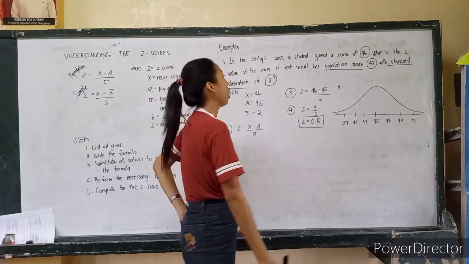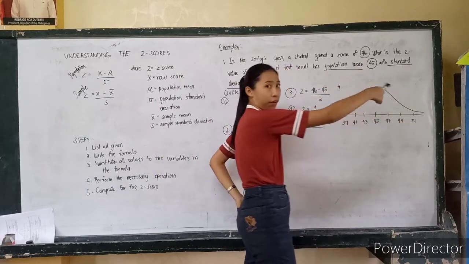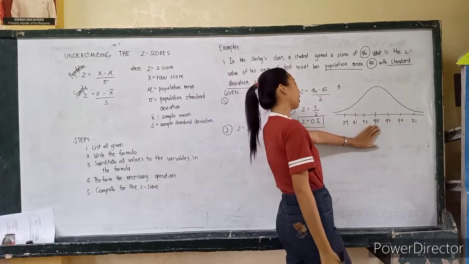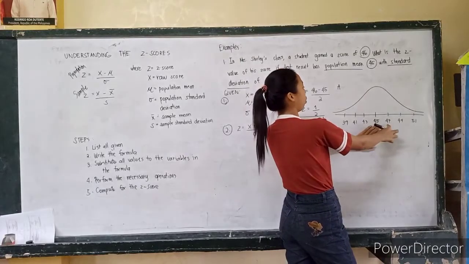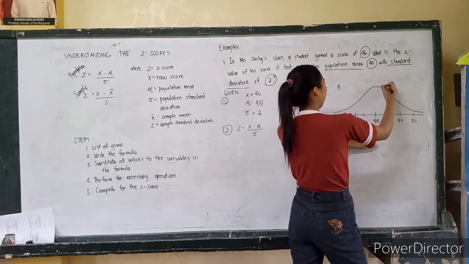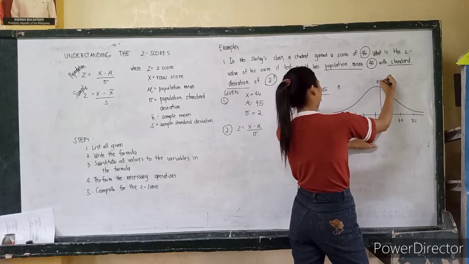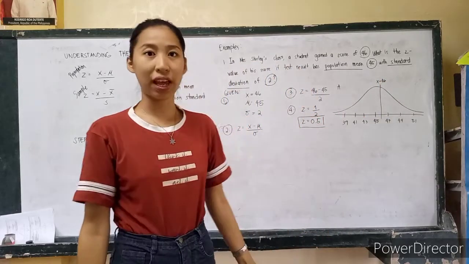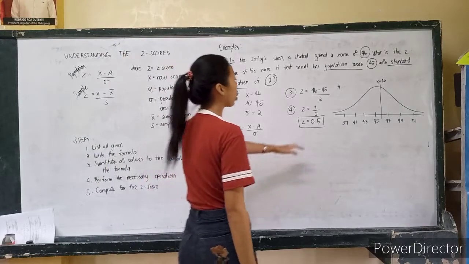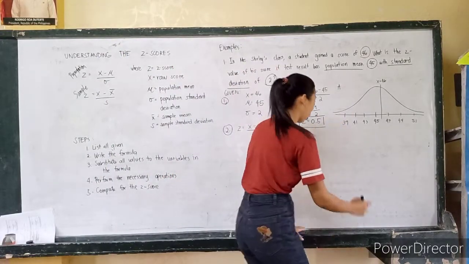Clear? Now, asa dapit si 46 sa kanisa nga curve? Diba? Si 46 nasa tunga-tunga sa imuhang 45 o 47. Therefore, this is your raw score. Klaro? Now, what if ito siyang imuon nga standard normal curve? Ito siyang i-transform into a standard normal curve.